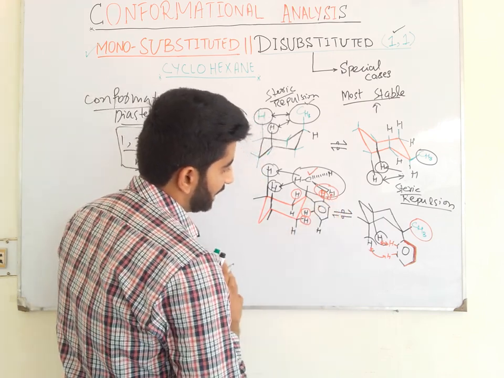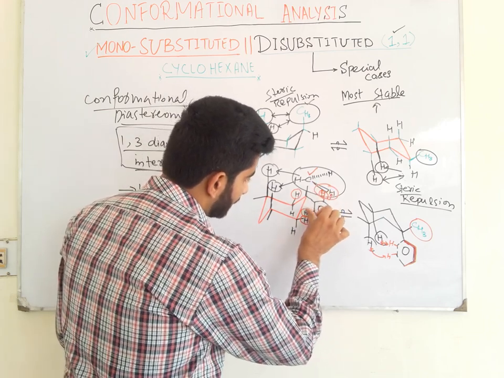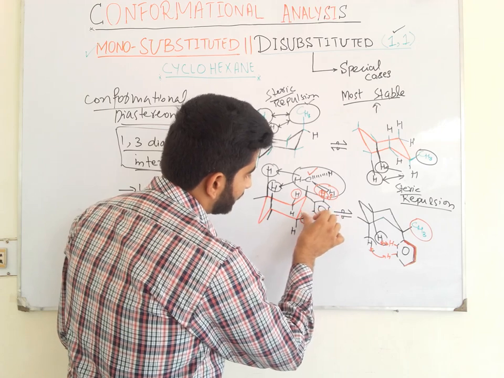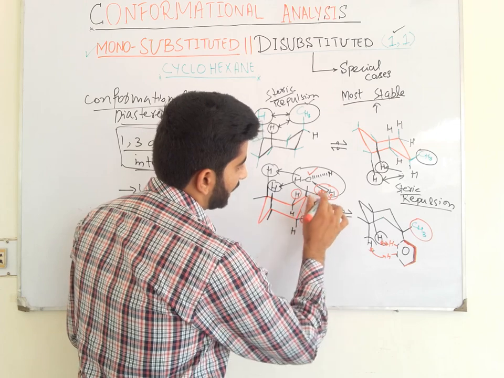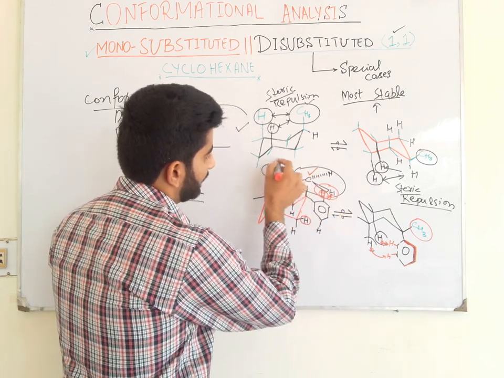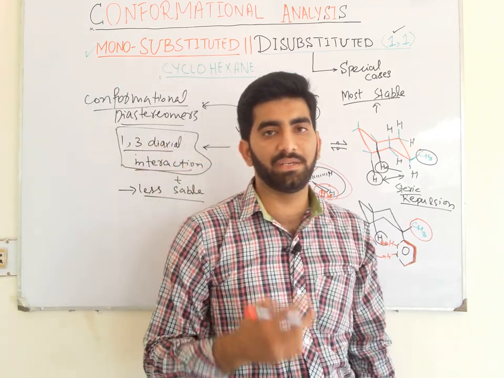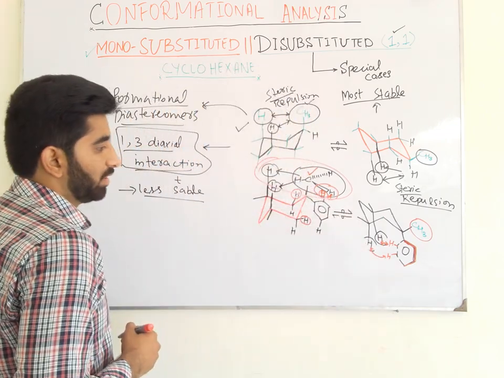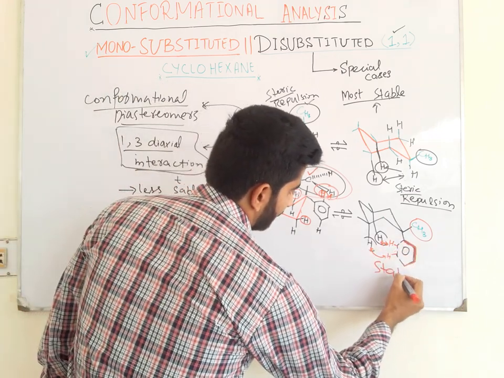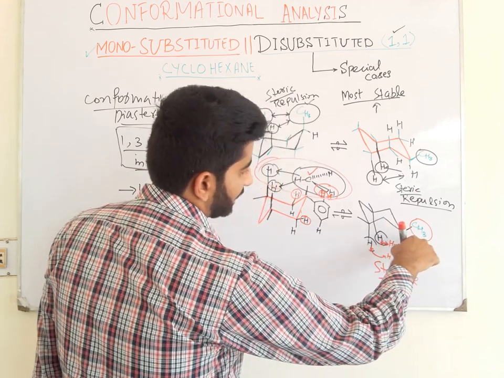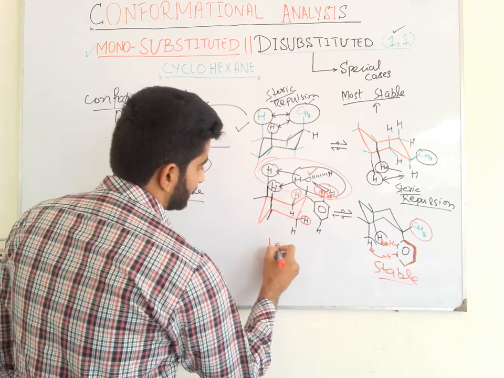However, if this ring is oriented in the orthogonal position, we will observe there is still steric repulsion between the ortho hydrogens of phenyl and this hydrogen of phenyl, and secondly the 1,3-diaxial interaction between the methyl group and the two hydrogens. So we can say that this conformation is the stable conformation due to the absence of 1,3-diaxial interaction between the methyl group and the two axial hydrogens, and this conformation is less stable.